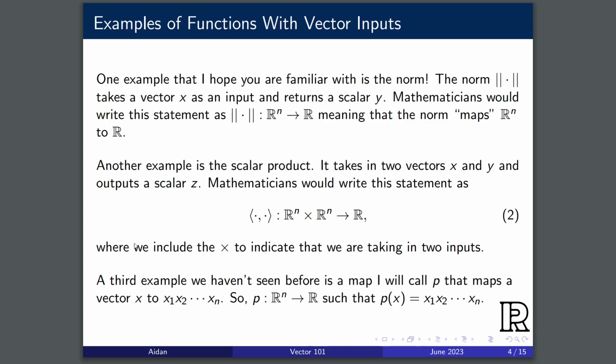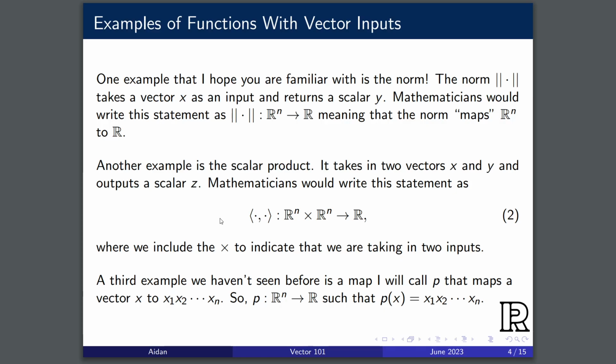The third example, which I'll call P, is that we take in a vector x and multiply all its components. If we have a vector x1, x2, x3, x4 on through xn, then we map that vector x to the product x1 times x2 on through xn. If you had a vector of all ones, that would map to 1.